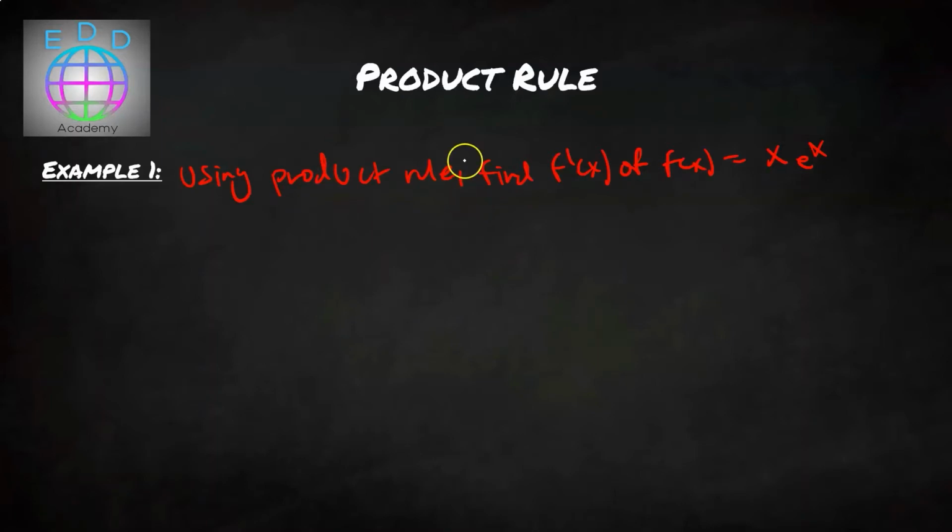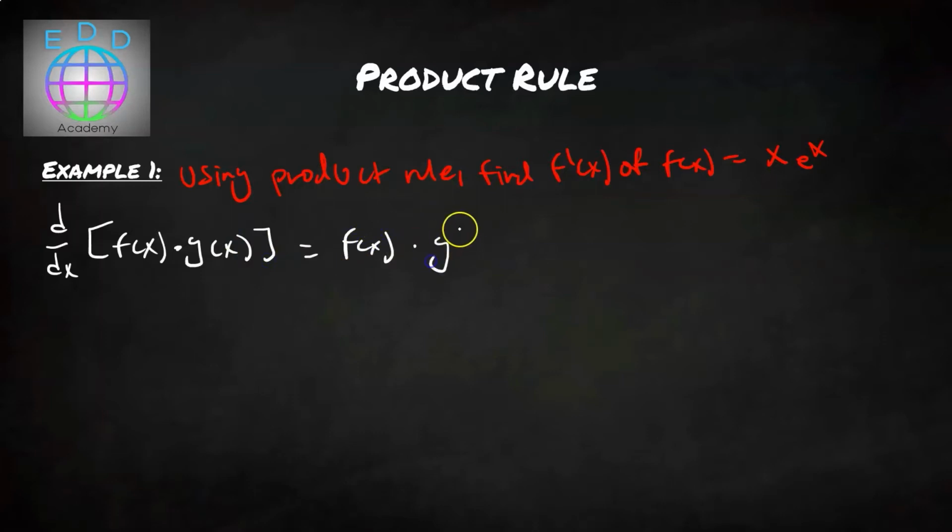Using the product rule, find f prime of x of f of x equals x times e to the x. If we rewrite our product rule, the derivative of the product of two functions, f of x and g of x, equals f of x times g prime of x plus g of x times f prime of x. Remember this from the last slide.